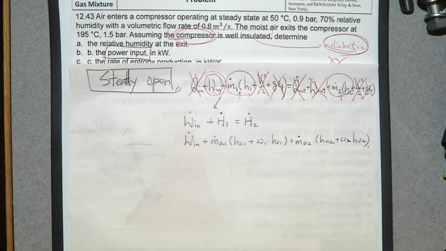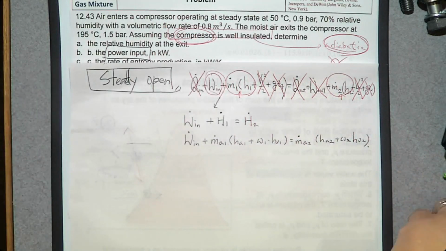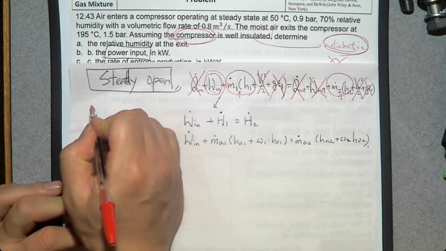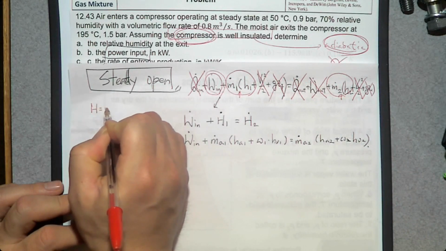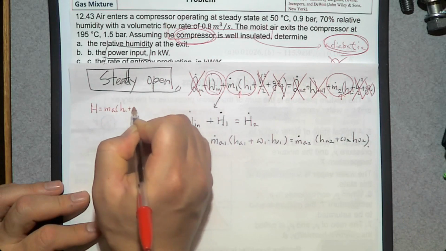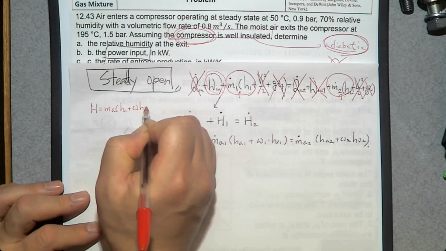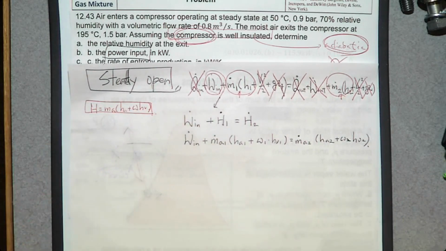I just used this equation here. The main equation was H is m_A times h_A plus omega h_V. So we use this equation.